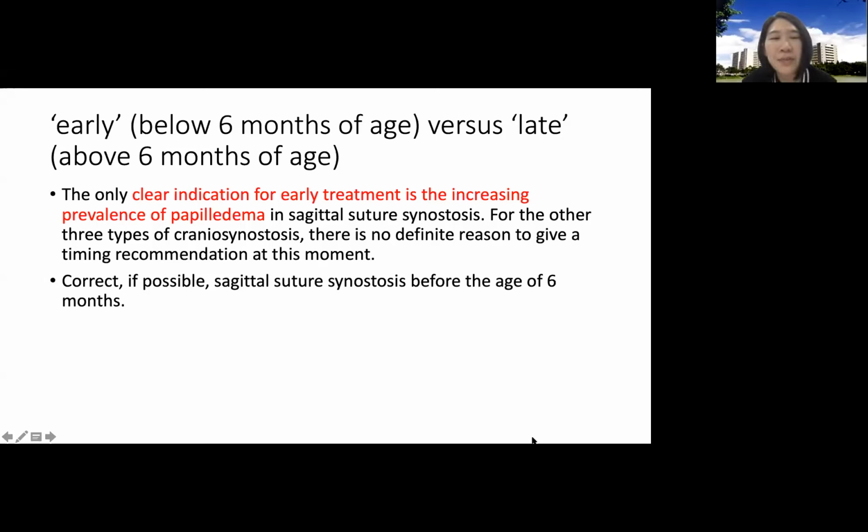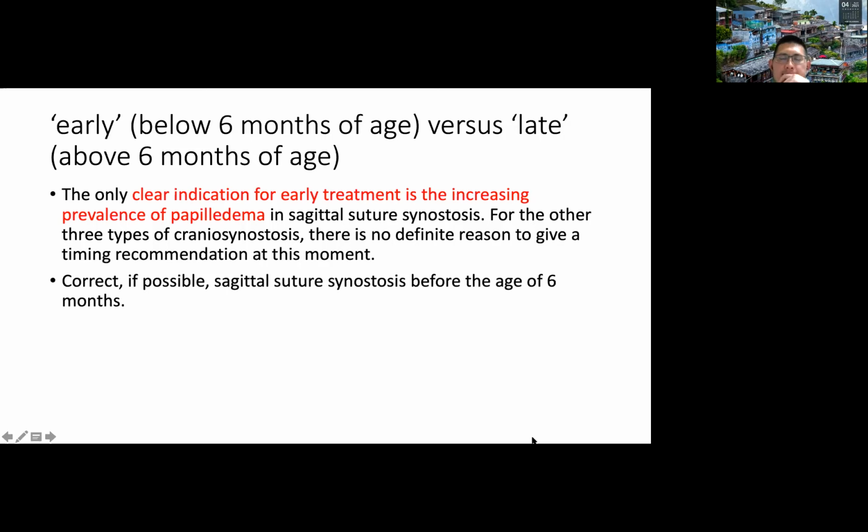But from this guideline, they just mention that if you could possibly do it earlier, you should do the surgery before the age of 6 months. But of course, if you consider the ossification of the bone, if you want to do the open cranial vault, the total cranial vault reconstruction, you should do the surgery after 6 months for better bone quality.